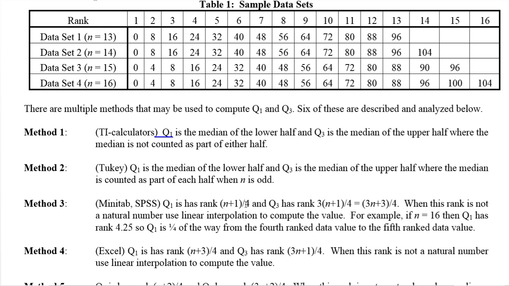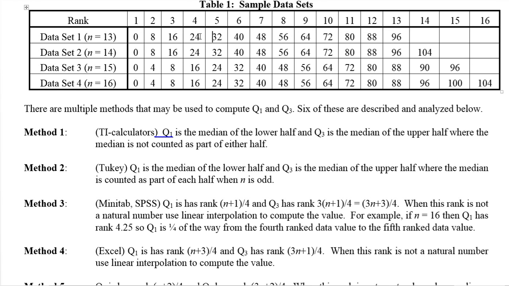Okay? But what if it's not a whole number? What we do here is we interpolate linearly. So for example, if we have 13 data points, 13 plus 1 is 14, divided by 4 is 14/4, which is 7/2, which is 3.5.